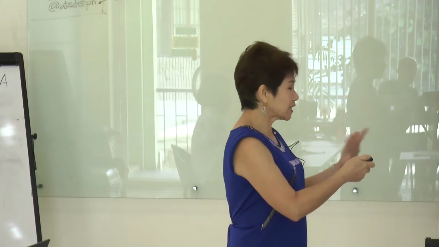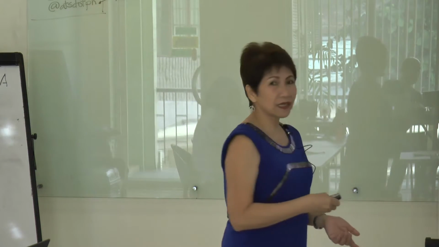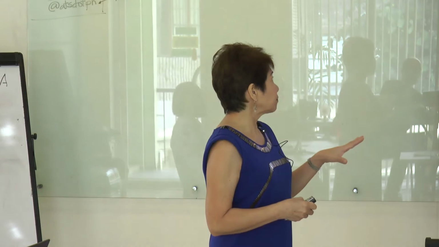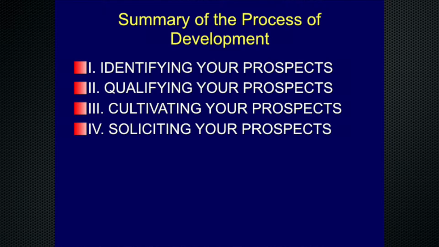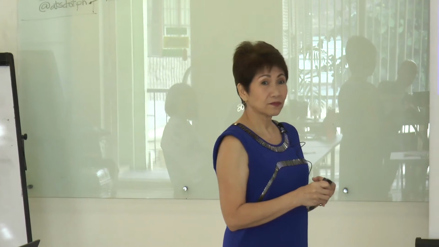And so it's a process, it's a cycle. So the summary, I think this is what we learned last Saturday about the process of development. First, we need to identify who can be your potential donors. Second, you have to qualify them. And there are certain qualifications. Do you remember? How do you qualify your donors? We're going to have a review again.